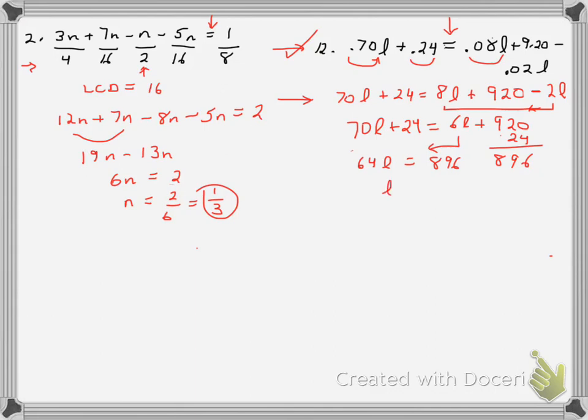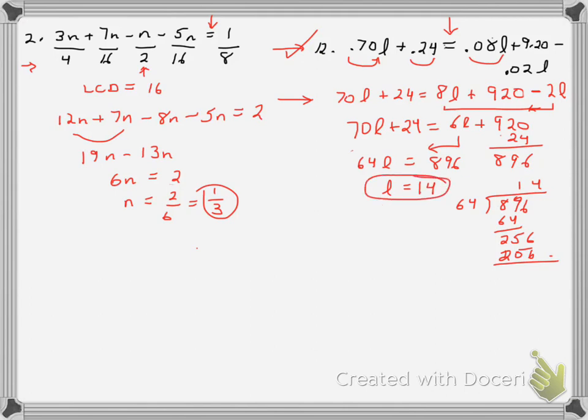And now I'll have to divide by 64. So I'll take 896, divide by 64, goes in one time, subtract, and you'll get 256. 4 times 4 is 16. 4 times 6 is 24, plus the 1 more is 25. Okay, so L equals 14.